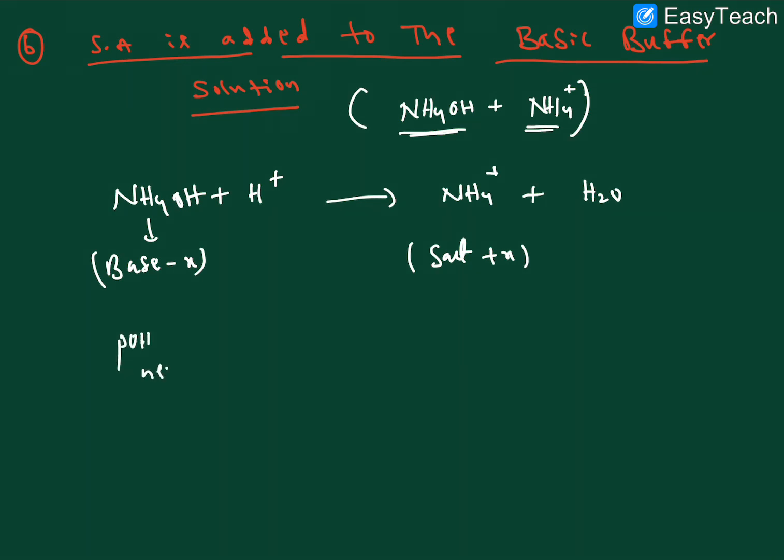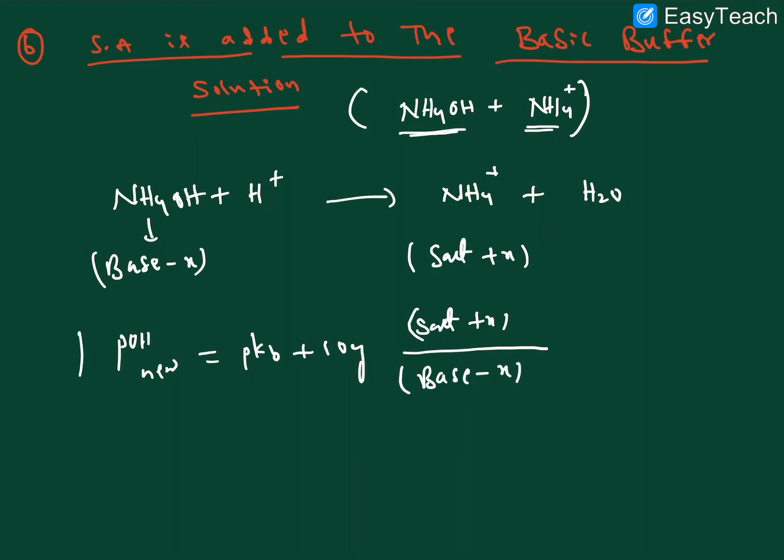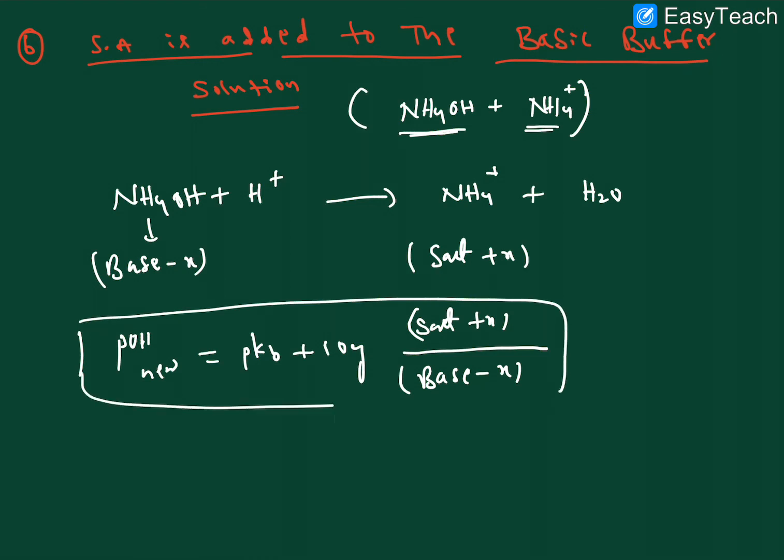So we have to apply this in terms of the concentration of salt and base, right? What is the formula here? The new formula: pOH is equal to pKb plus log. What happens to the salt here? Salt plus X, and base minus X, right? This is the actual formula whenever acid is added to the basic buffer solution.